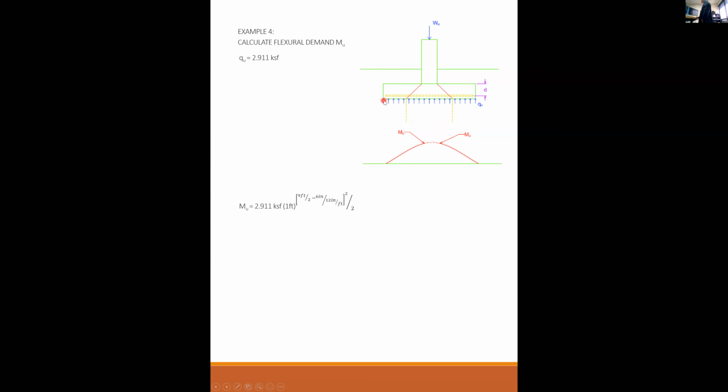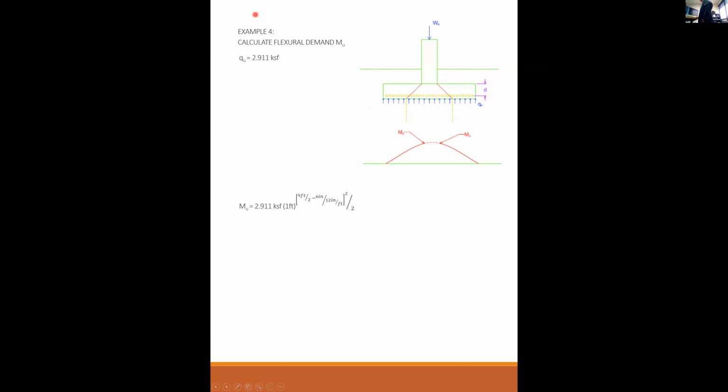So you're taking this pressure times an area, which is a force, and then the eccentricity of the force to the face of the wall is that distance over half again.